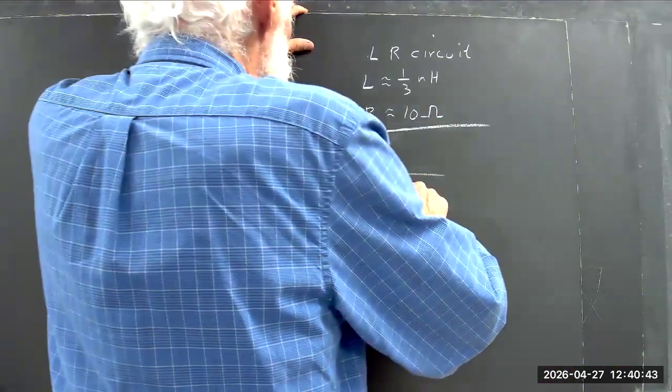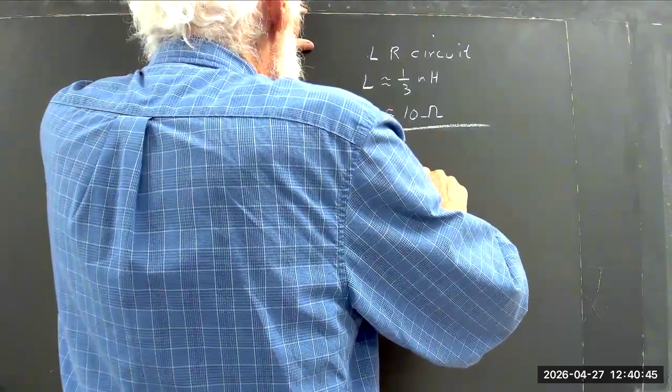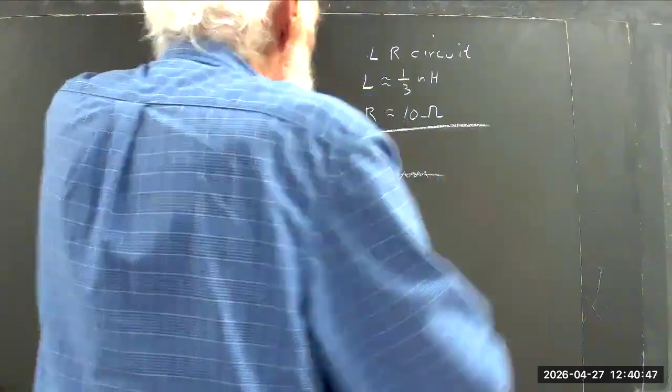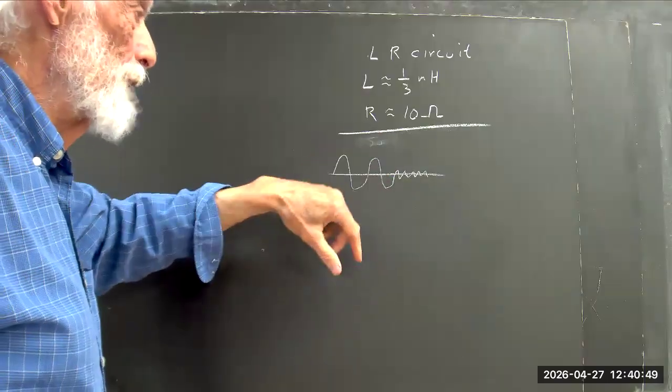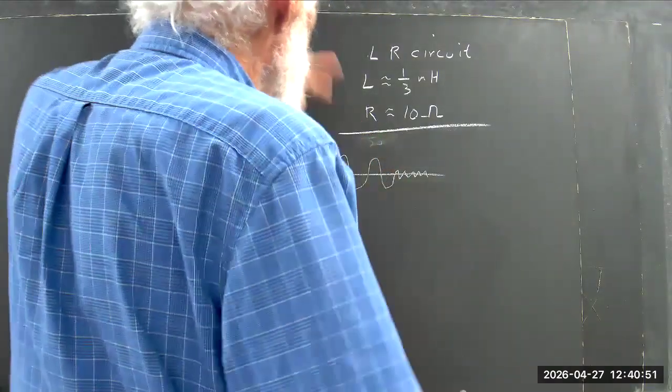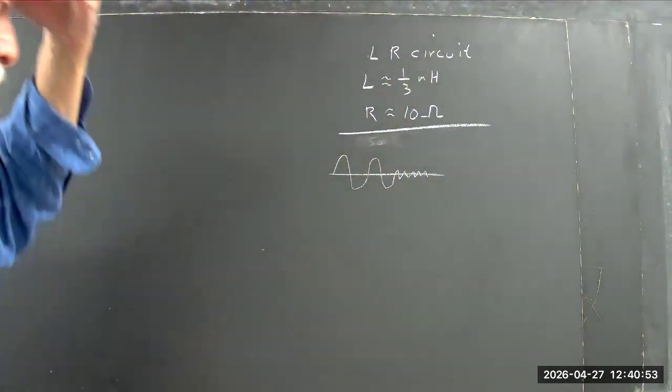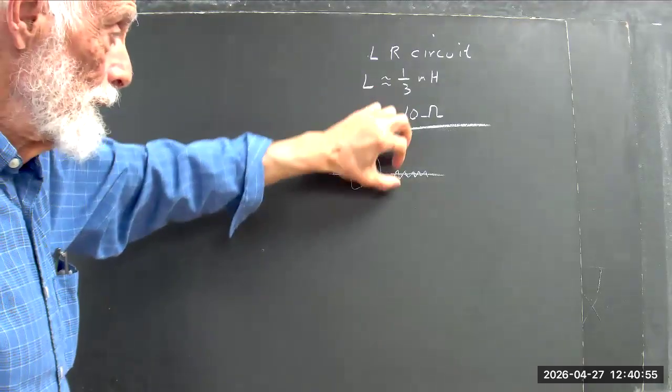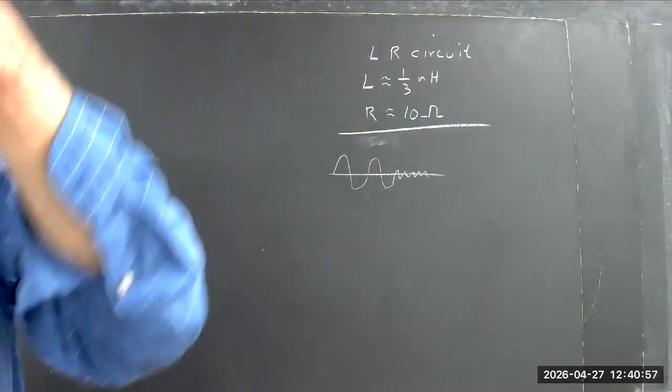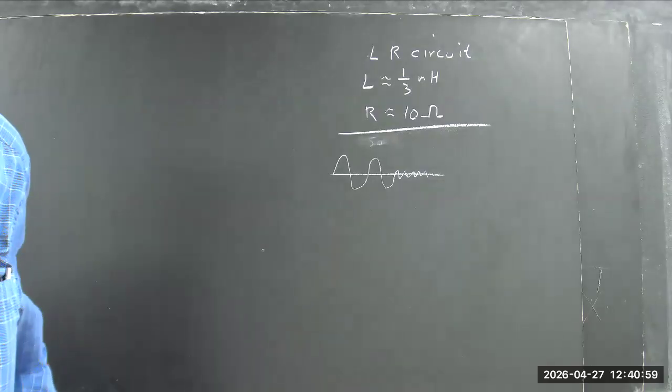And when we did, it appears that the amplitude got a whole lot less. Actually, frequency did increase. So we increased the frequency, and that decreased the amplitude of the current, okay?